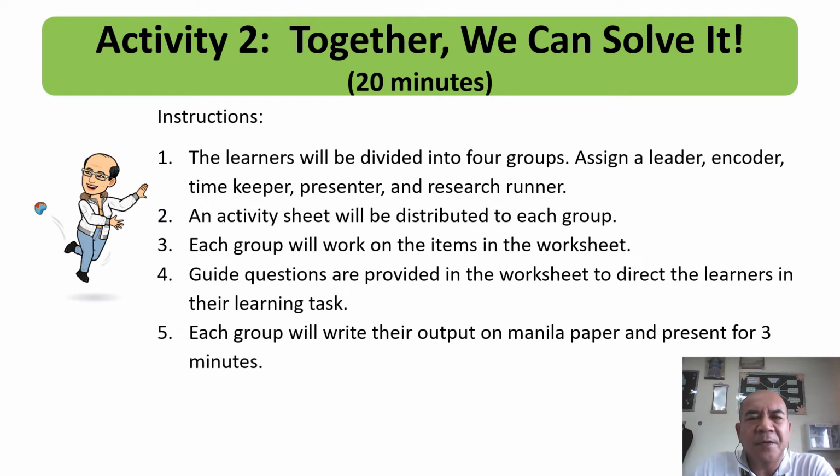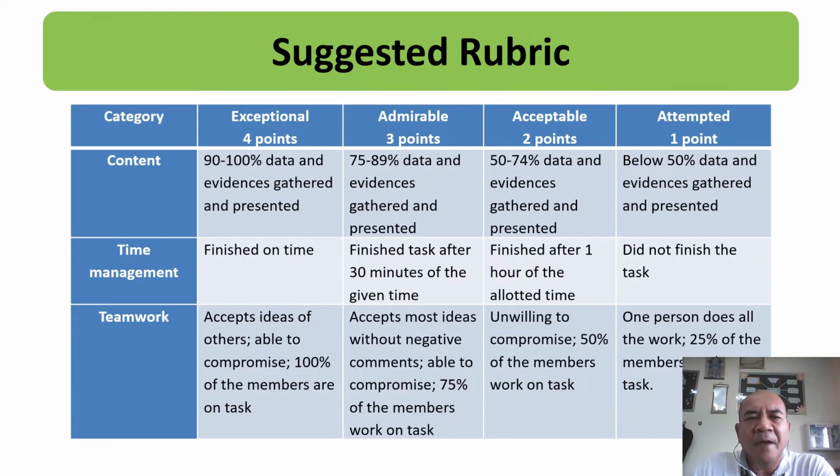Let's proceed. I have my suggested rubric. The categories are content, time management, and teamwork. For 4 points, the group should have 90 to 100% of data and evidence gathered and presented.